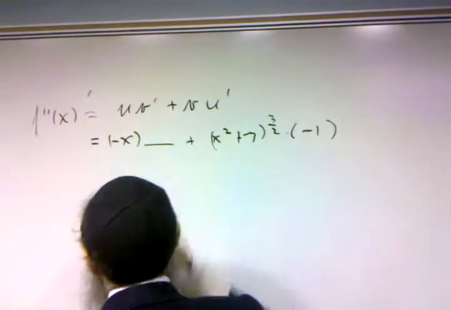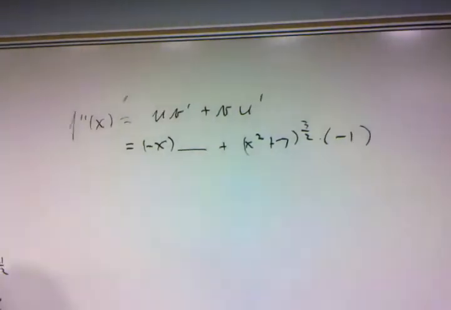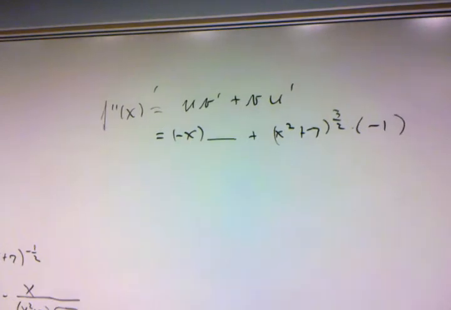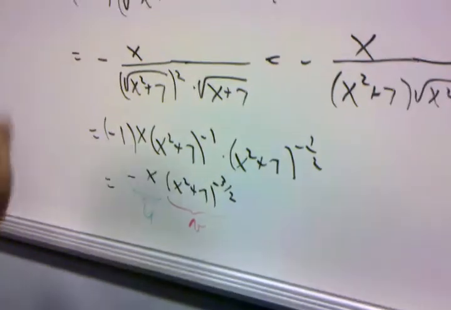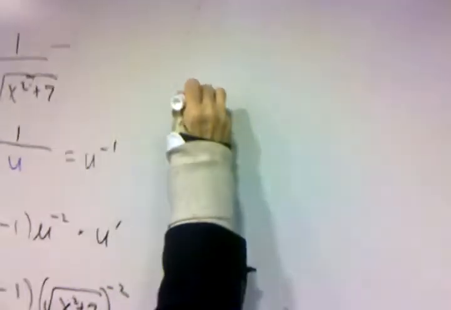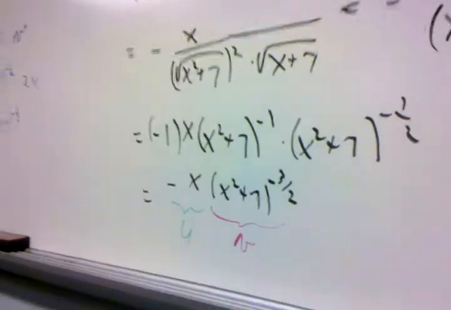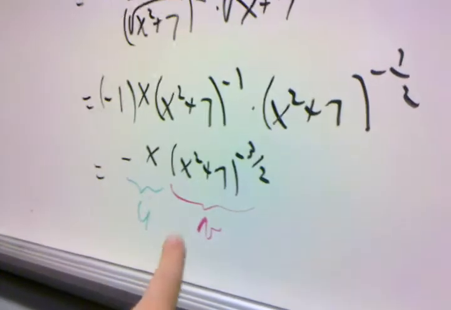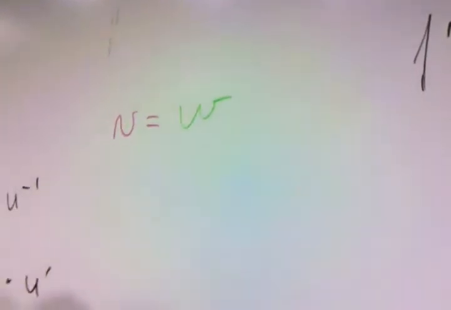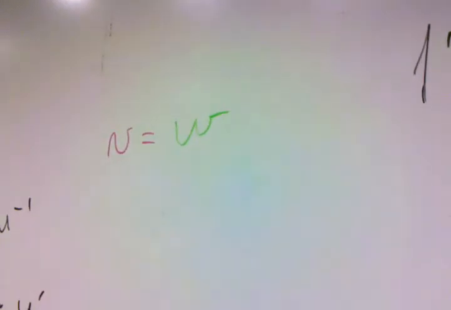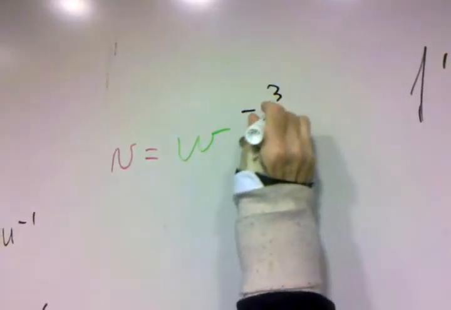Right here we have to put in v prime. V prime will be hard to produce, so we're going to use the chain rule again. I'm going to use another color now. V equals w to the minus 3 halves.